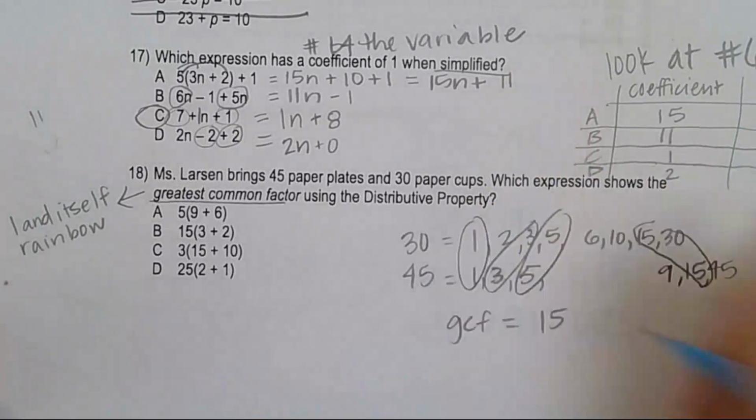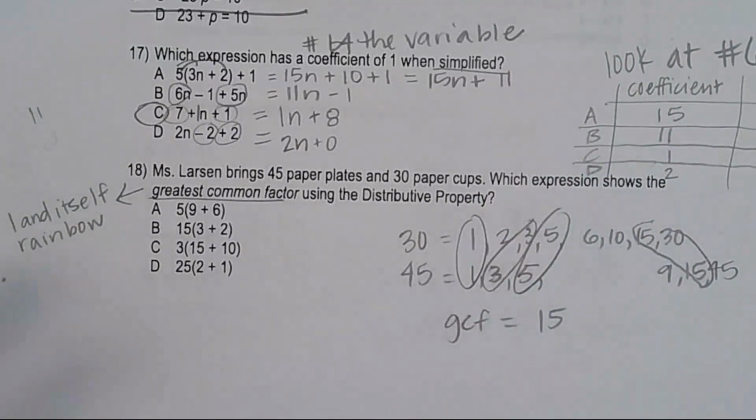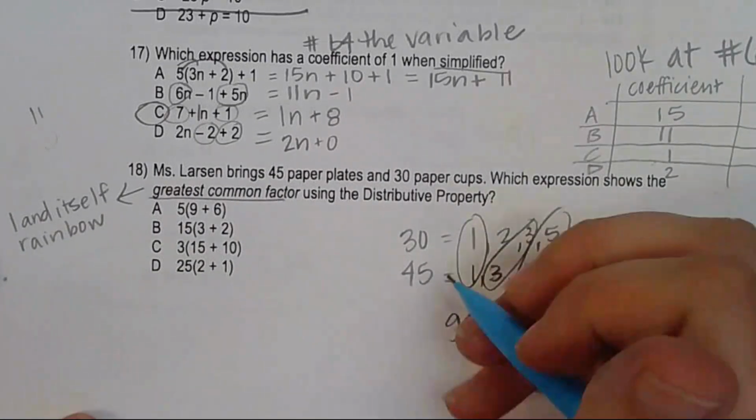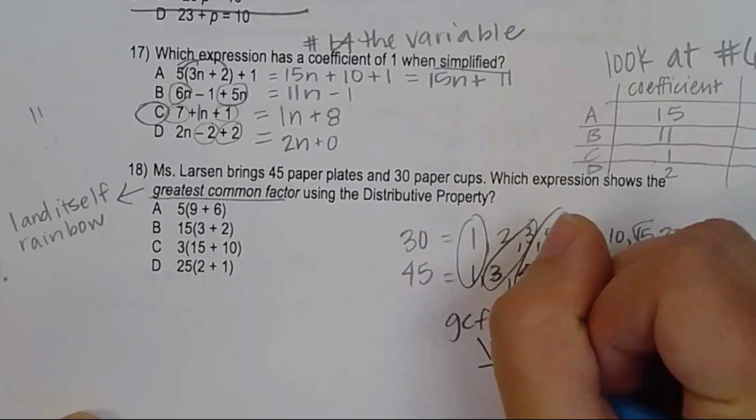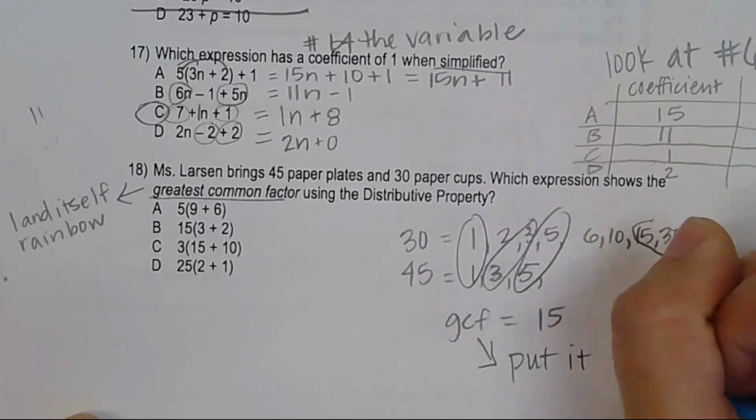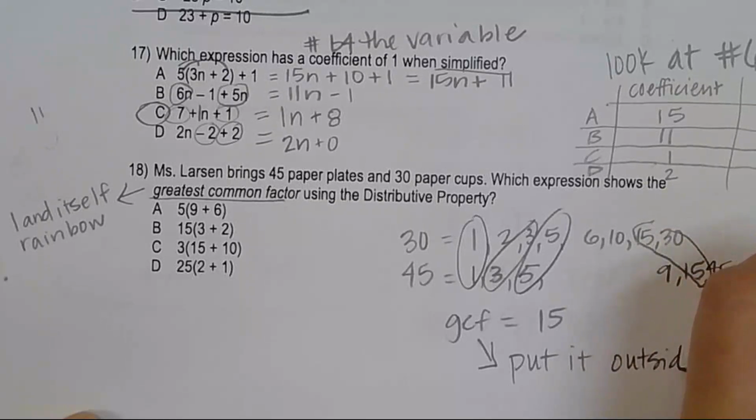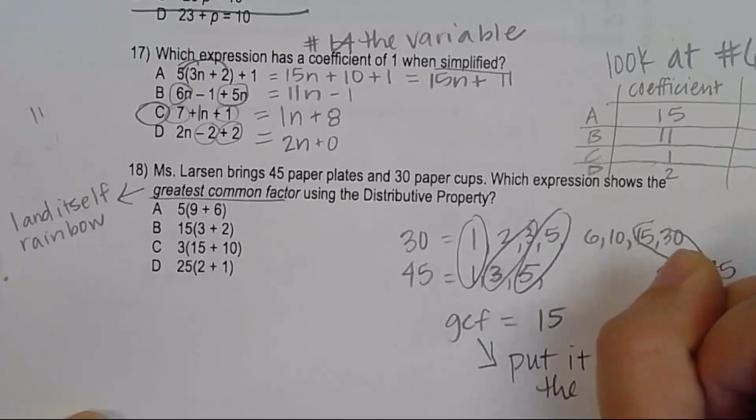And yesterday you should already have that note down, but I asked you, when it's saying use GCF with distributive property, use GCF with the distributive what? Property. Take that GCF and put it outside the parentheses.